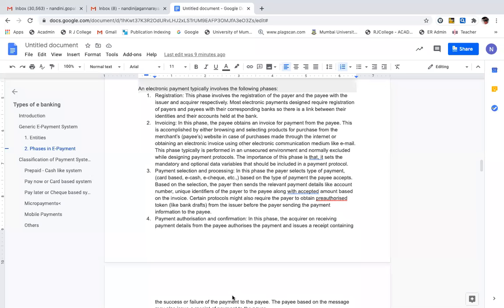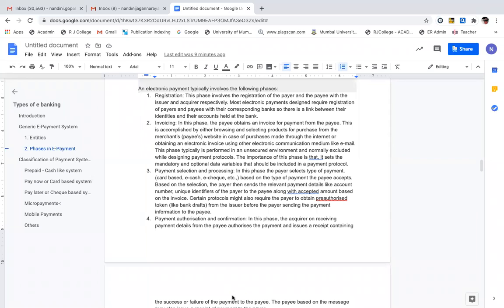How much I have to pay. So when this is generated, I have to make payment, right? ये bill के हिसाब से मुझे payment करना पड़ेगा, right? So in the invoicing phase, जो seller है वो invoice generate करेगा. That is what it means.